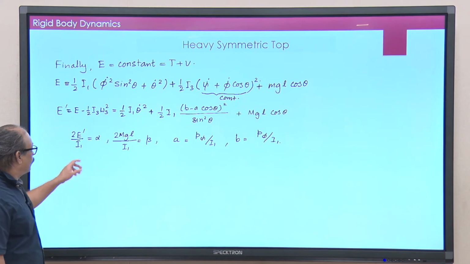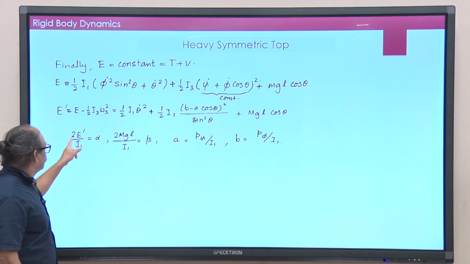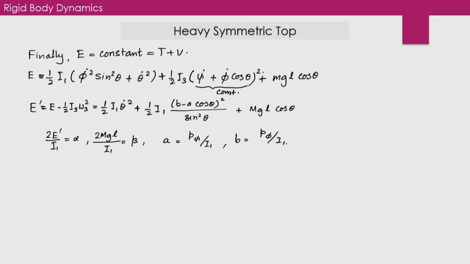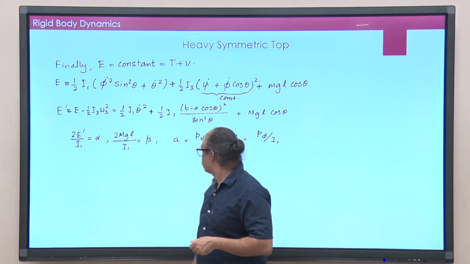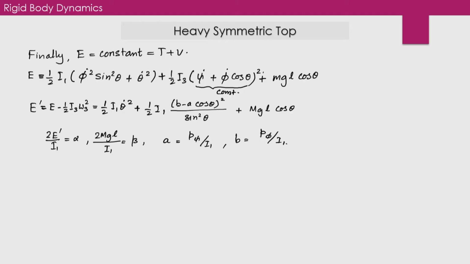Rearrange this by defining twice E prime by I 1 as alpha, then twice MGL by I 1 as beta. So, beta and alpha are now just constants. Then there is a, which has already been defined as p psi by I 1, and the last one, b, as p phi by I 1.